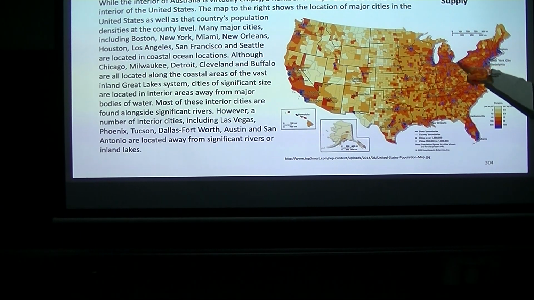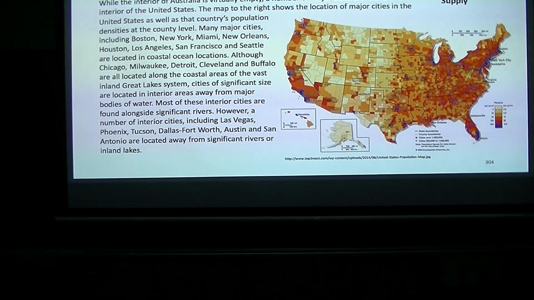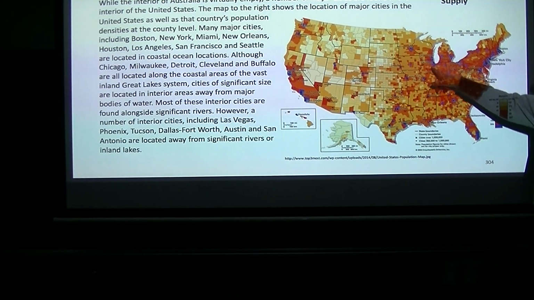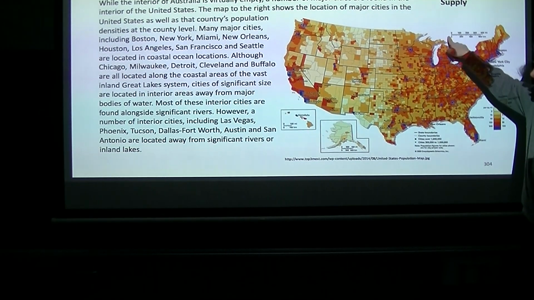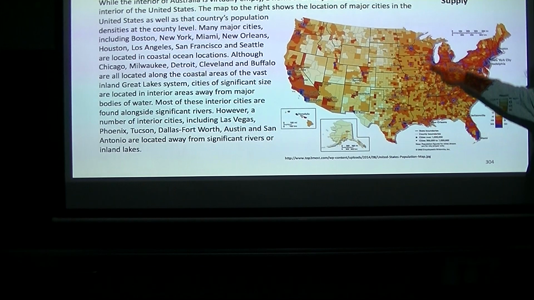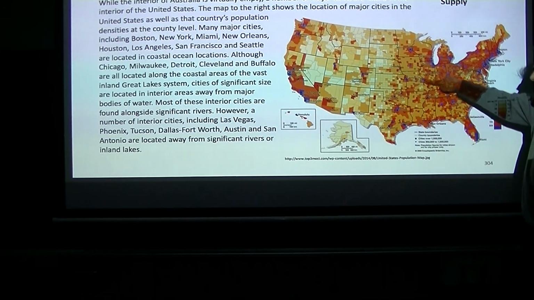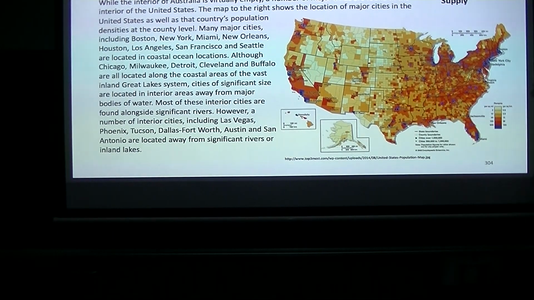You've got this Great Lakes system here, one of the largest inland systems of lakes in the world. And you've got major cities that exist there, Milwaukee, Chicago, Detroit, Cleveland, Buffalo, along the lakes. You've got a huge river system, the Mississippi, that runs up here, Memphis, St. Louis, up to Minneapolis.